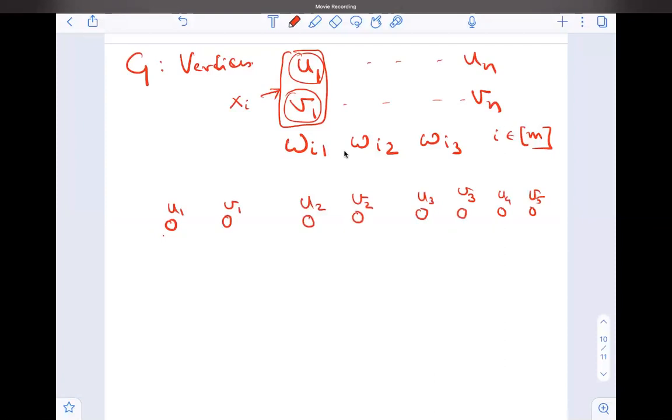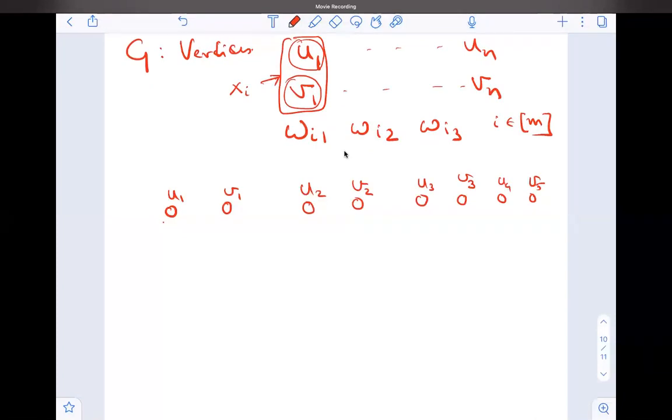In some sense, the Uis are the variables and the Vis are the negations of the variables. Now what are these Wis? The Wis correspond to the three literals for each clause. So I have a clause here, a clause here, a clause here. So there are three clauses.